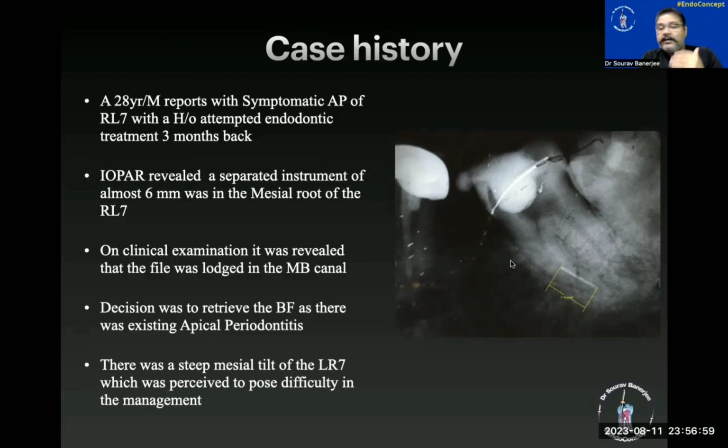Initially we didn't think that it was going to pose a lot of challenge. But as we proceeded with the treatment, we came to know that this mesial tilt was creating a lot of problems, and all of the procedures we subsequently did were to manage this tilt.